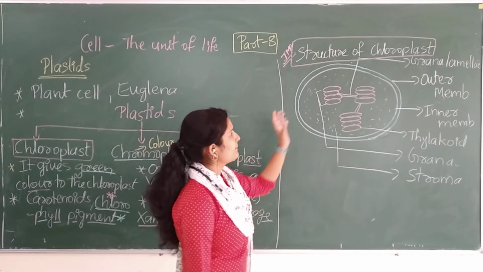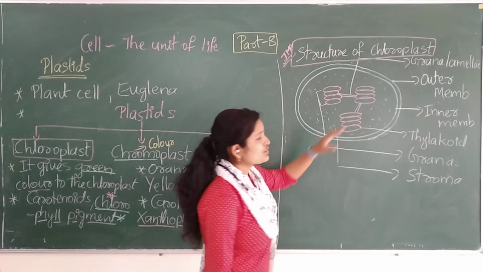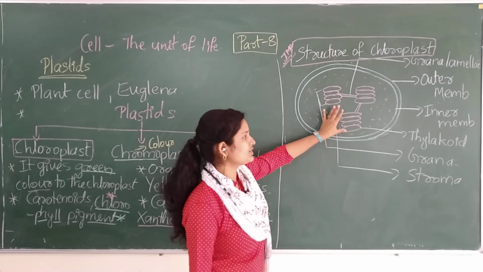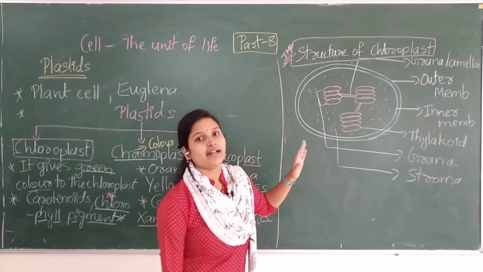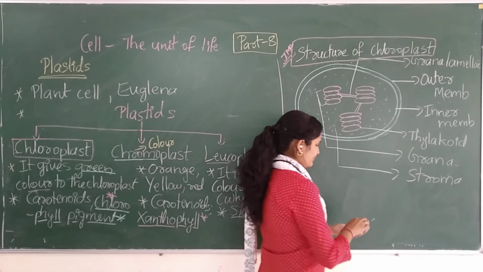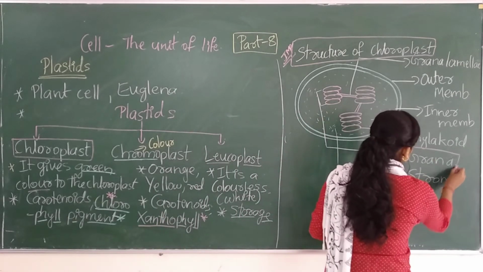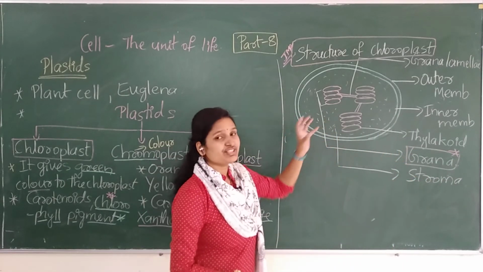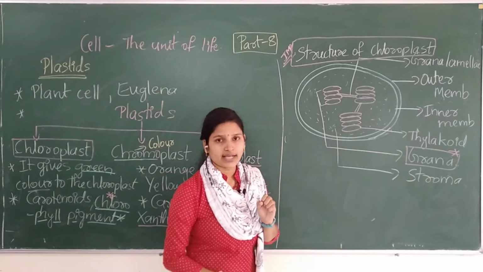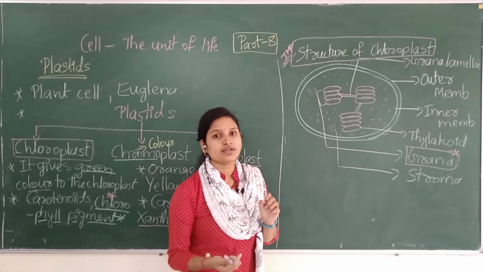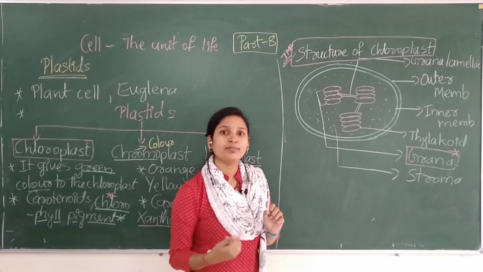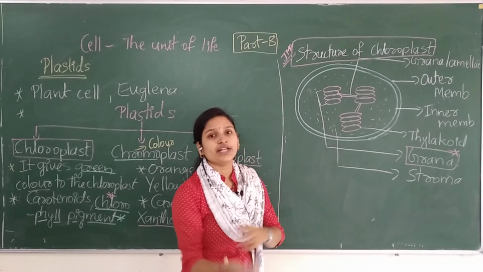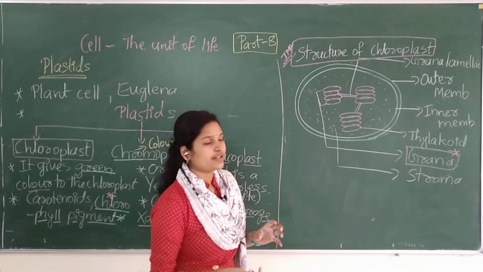And remember, stalk like structures are present, and that stalk like structure we call grana. These are the structures which trap the sunlight for the process of photosynthesis. These are the structures which absorb the sunlight.